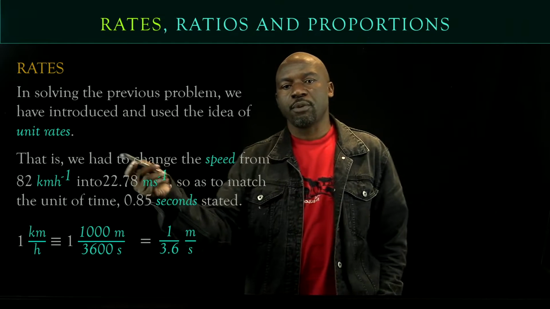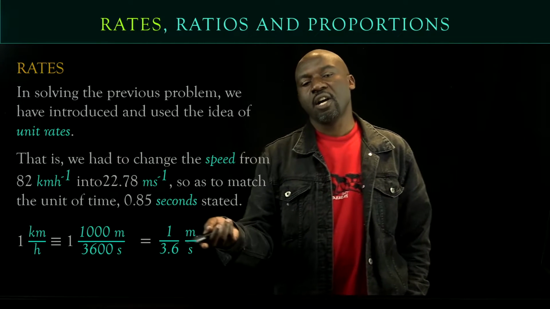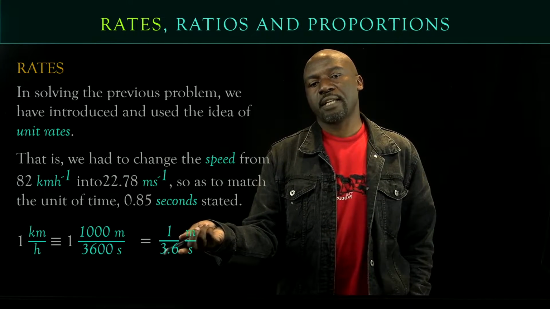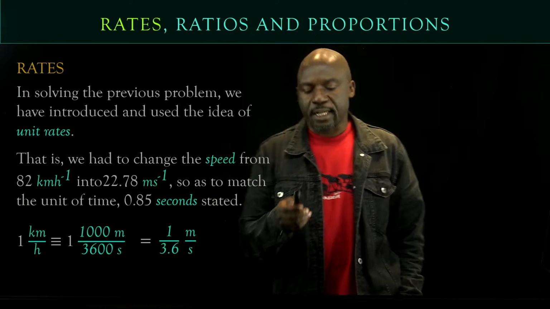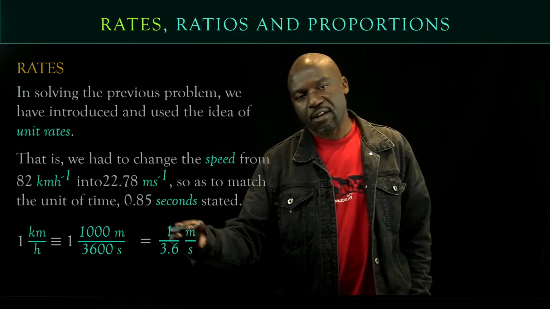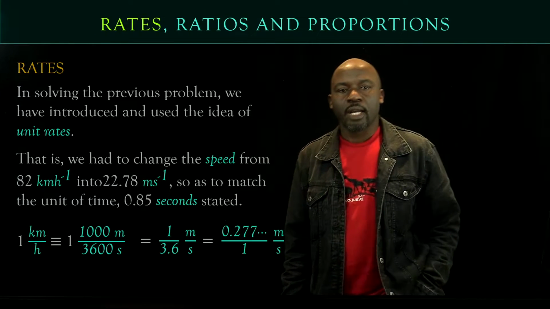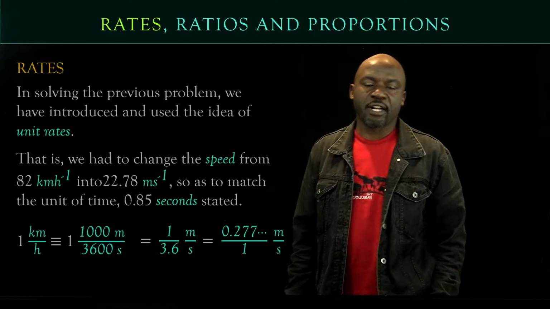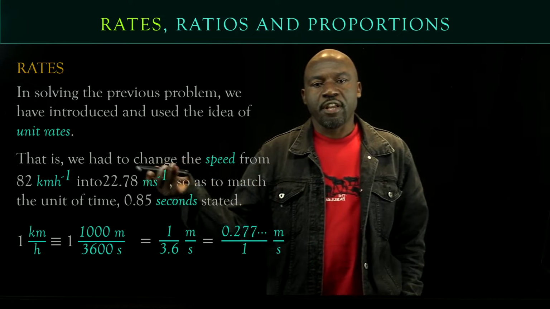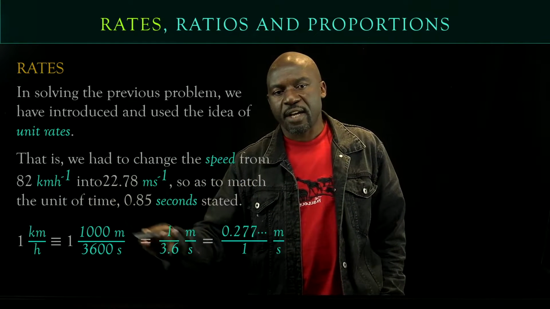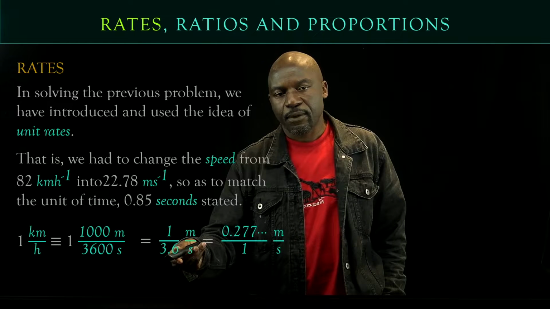So to change from kilometers per hour to meters per second, all we have to do is divide by 3.6. We can look at it that way. The alternative way to look at it is to find out the value of 1 over 3.6, and that is 0.277 recurring. So we can change from kilometers per hour by dividing by 3.6, right?